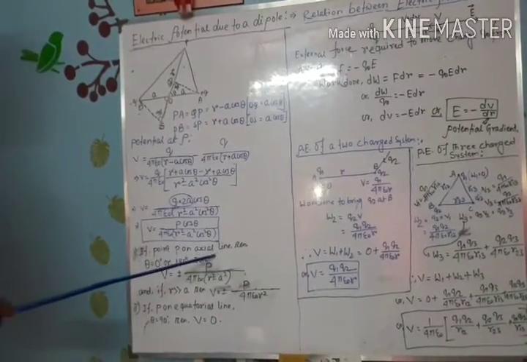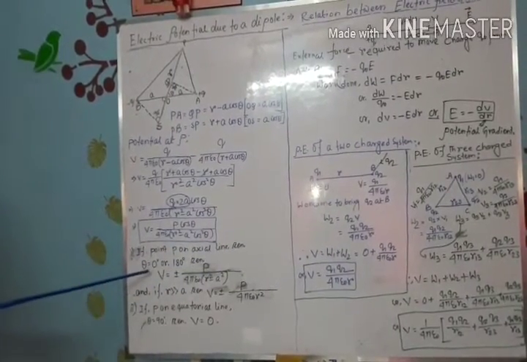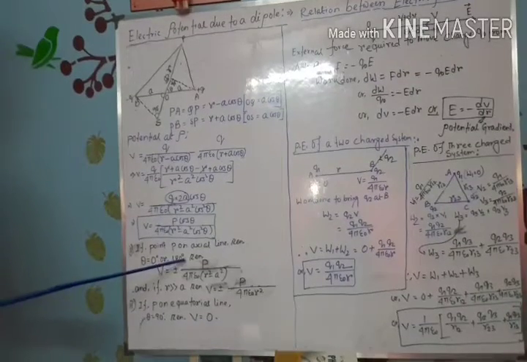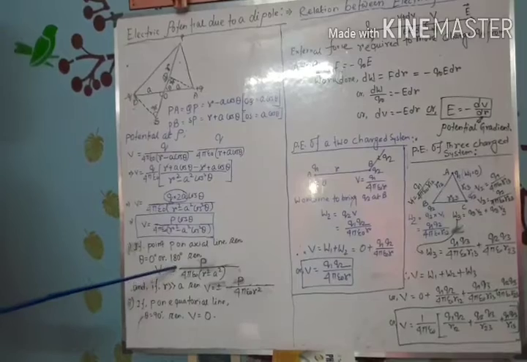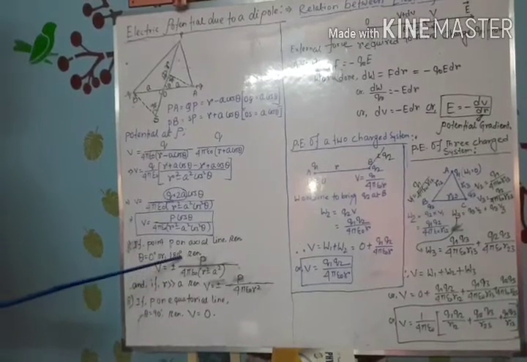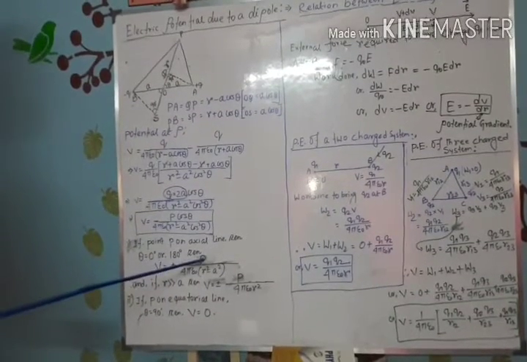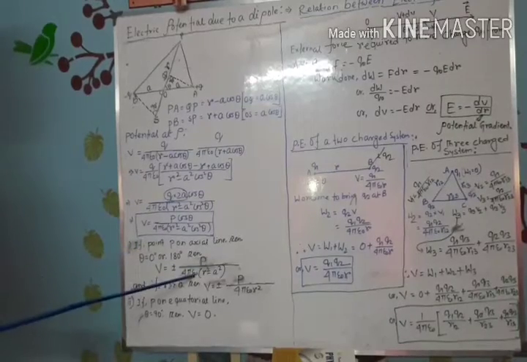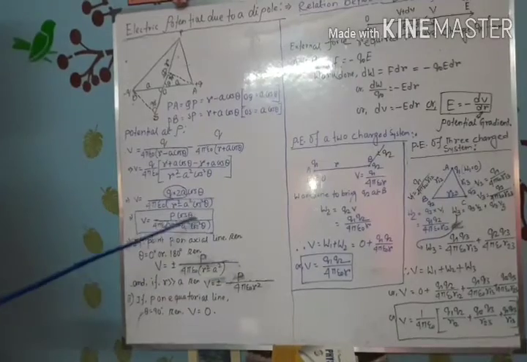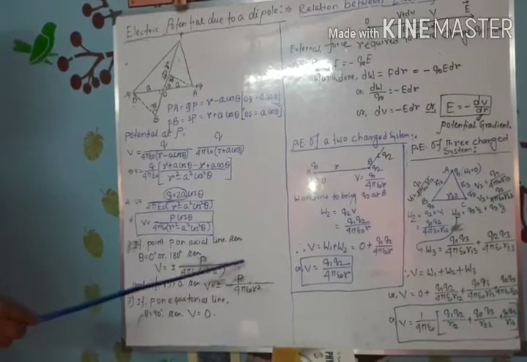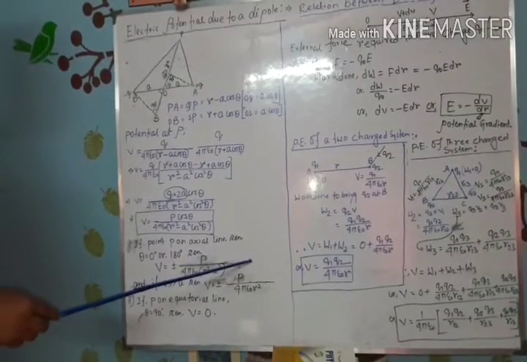When the point P is on the axial line, theta equals either 0 or 180 degree. So V equals plus minus, plus for 0, minus for 180, p by 4 pi epsilon naught (r square minus a square). This is the expression whenever the observation point lies on the axial line.